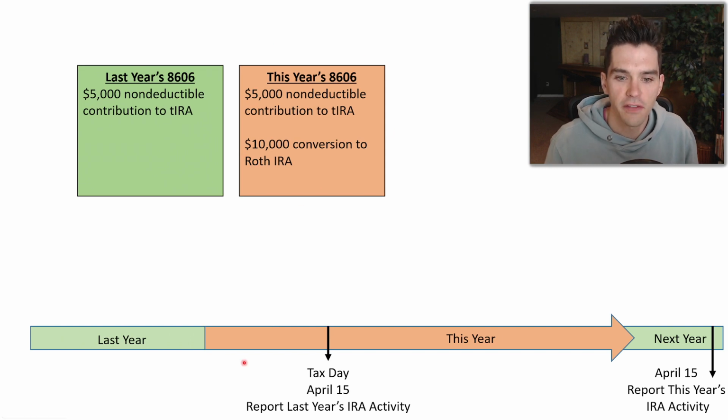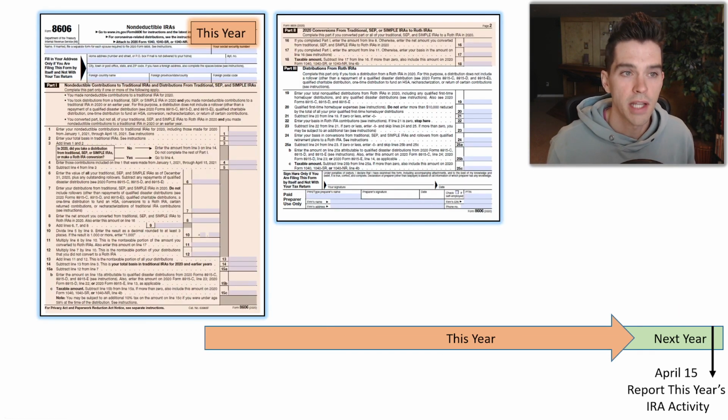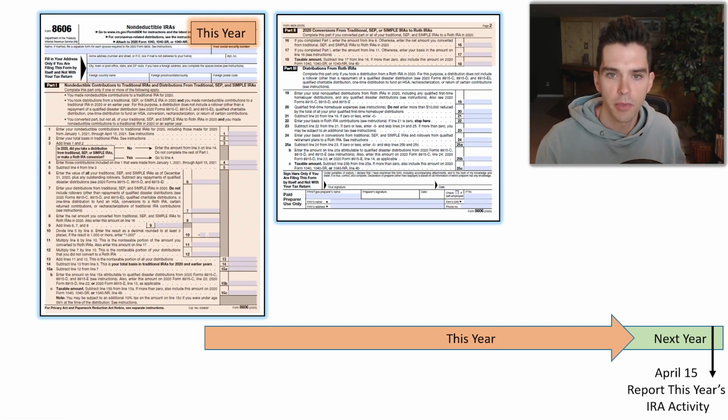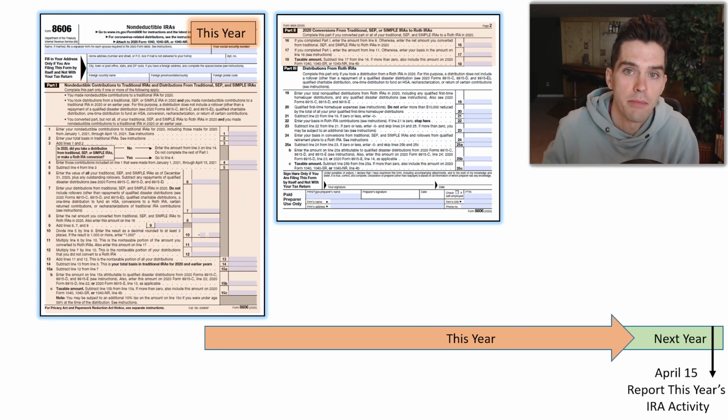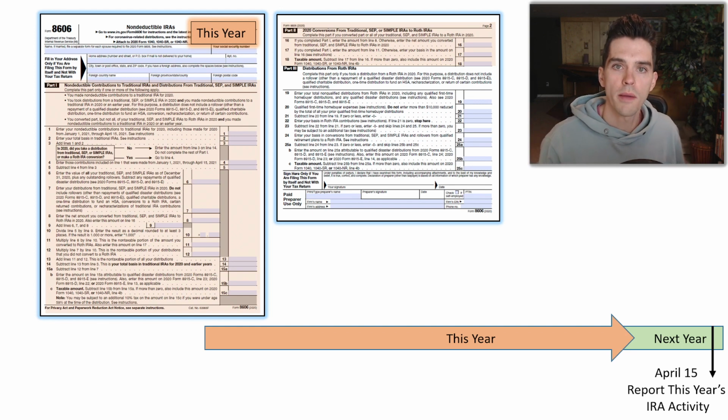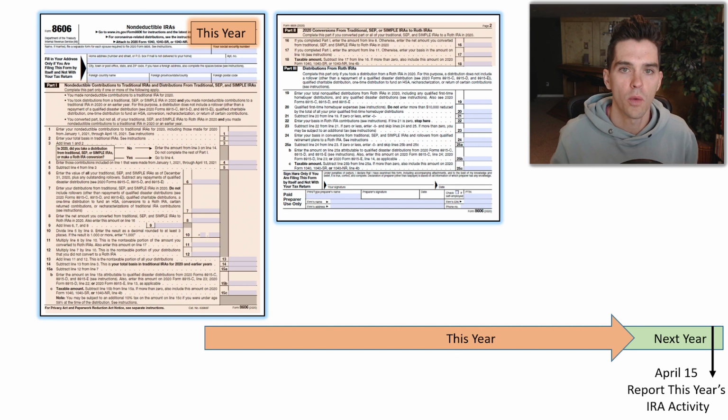All of this effectively happens this year, which goes on this year's tax return, which of course you're preparing early next year. Now, Form 8606 has a lot of complexity to account for all the caveats. What if you have leftover non-deductible money in your traditional IRA from previous years? What if you had gains or earnings inside your IRA before you convert it to Roth? If you want more information on how to fill out Form 8606, I do have another video that walks through it in more detail for a backdoor Roth conversion.